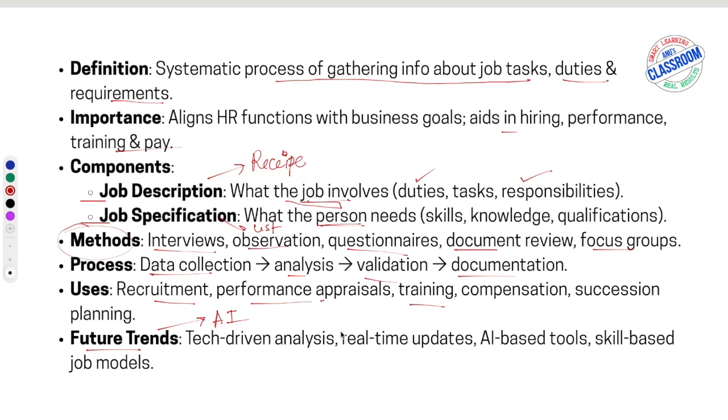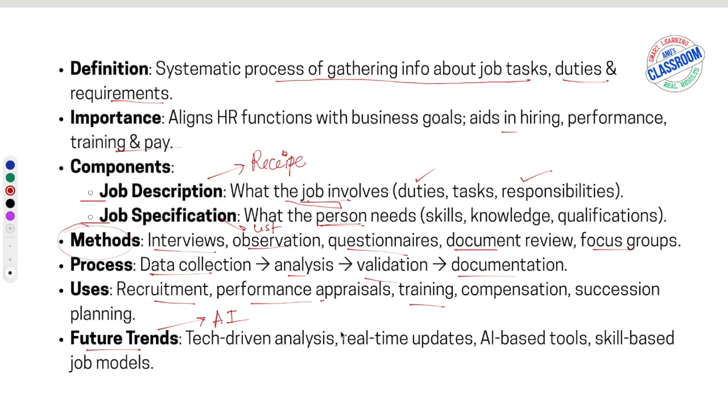So HR is no longer just about hiring or firing, right? It is also about creating human-centric workplaces that can evolve along with the society and the environment that the organization is in. So job analysis, when you first hear this word, you might feel that it is something very technical. But in reality, it is all about understanding work at its core.